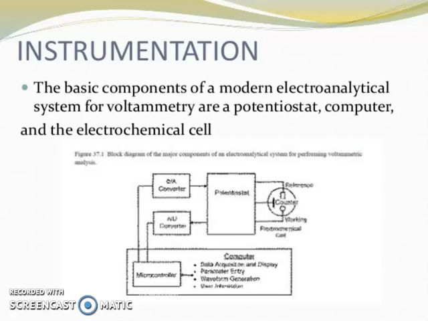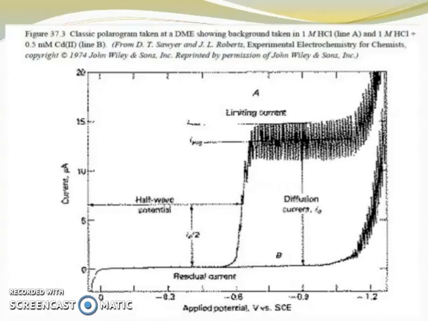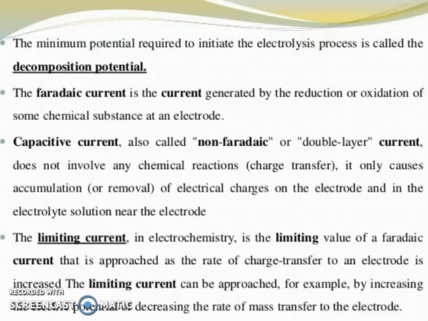The basic components of a modern electroanalytical system for voltammetry are a potentiostat, a computer, and an electrochemical cell. So these are the pictures. The minimum potential required to initiate the electrolysis process is called the decomposition potential.